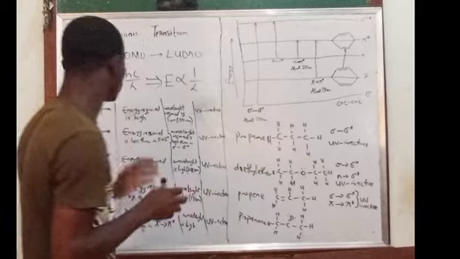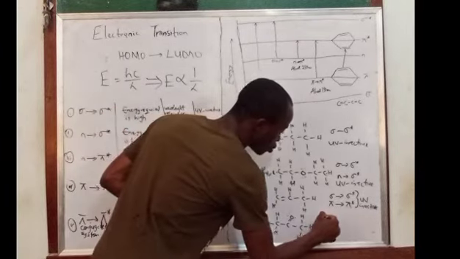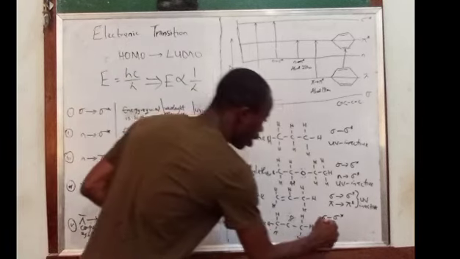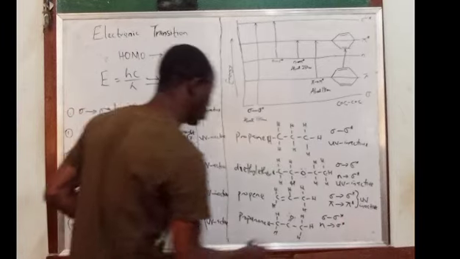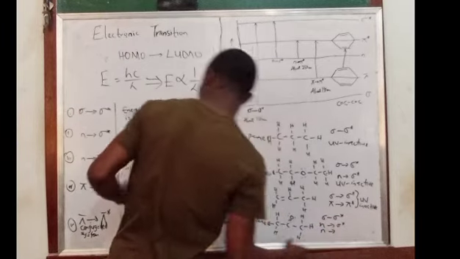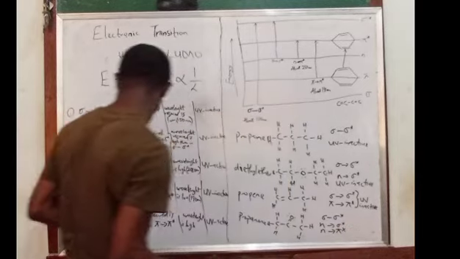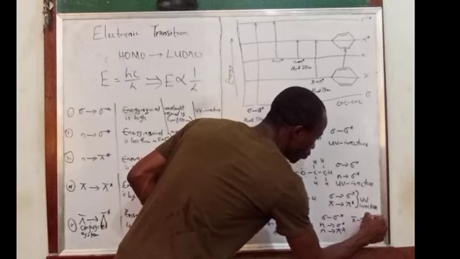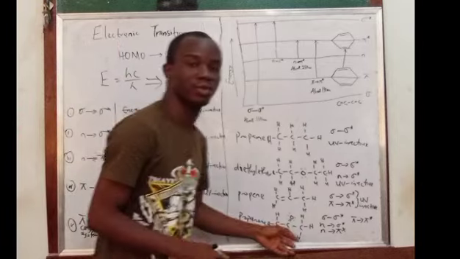So to highlight the electron transitions that can occur in this molecule, we can have sigma to sigma antibonding, n to sigma antibonding, n to pi antibonding, and pi to pi antibonding. These are the four electron transitions that we can have in this system.